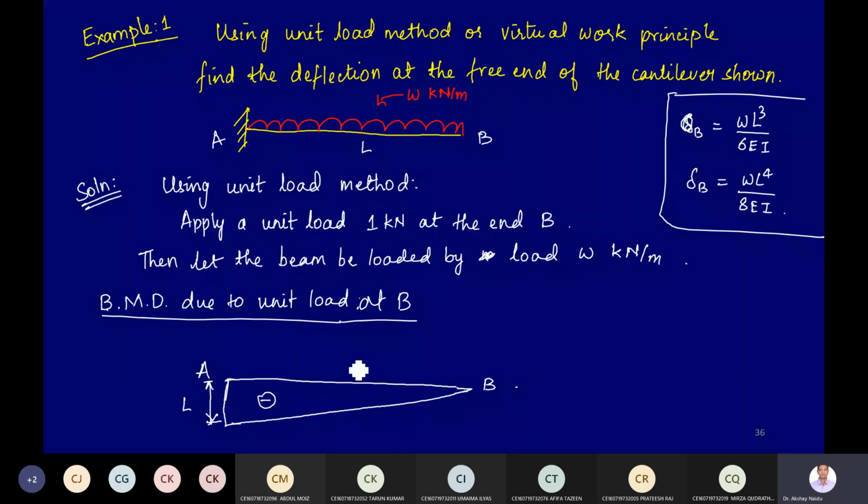Now at any point X, at a distance of X, this will be small m, which will be 1 times L minus X kilonewton meter. This will be the bending moment at some point X.